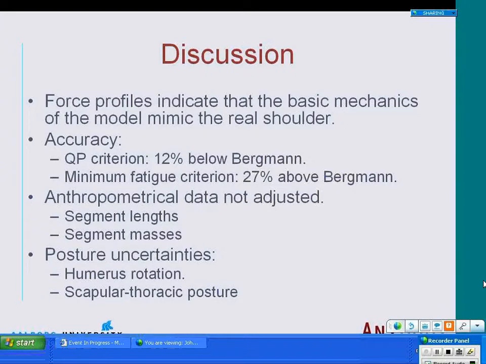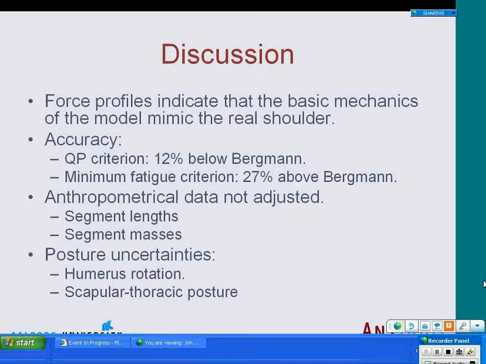Also, the individual distribution of muscle strengths may be different in the model and in the test person. Also, there are some uncertainties on the posture. The rotation of the humerus influences the distribution of forces between the different rotator cuff muscles a lot, and those have not been recorded in these preliminary data that have been reported so far.